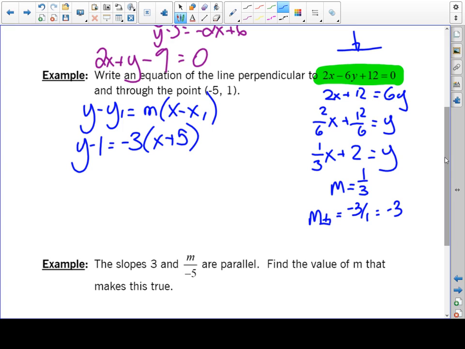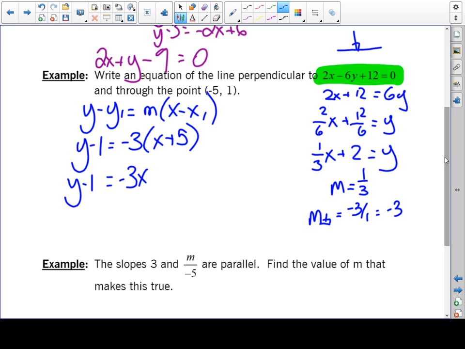We're putting the x coordinate for x1 and the y coordinate for y1. That is adding there, but it's minus negative 5. Minus minus makes a plus. X minus negative 5 is x plus 5.